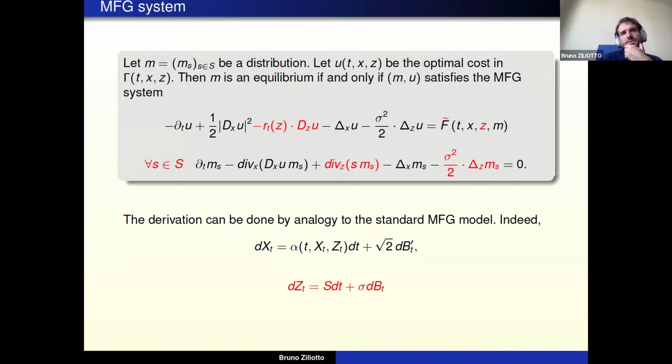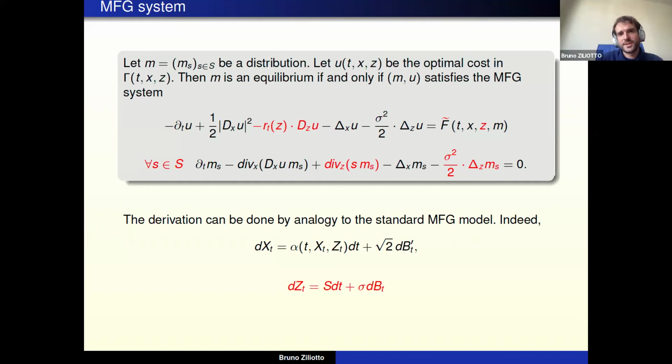Yeah, I think this is one way to do it, to redo the dynamic programming principle. Or you can do it by analogy, by saying that, as I was trying to describe, somehow the S is a control.